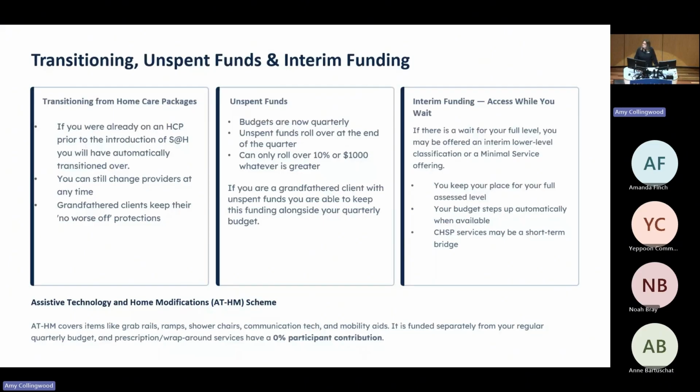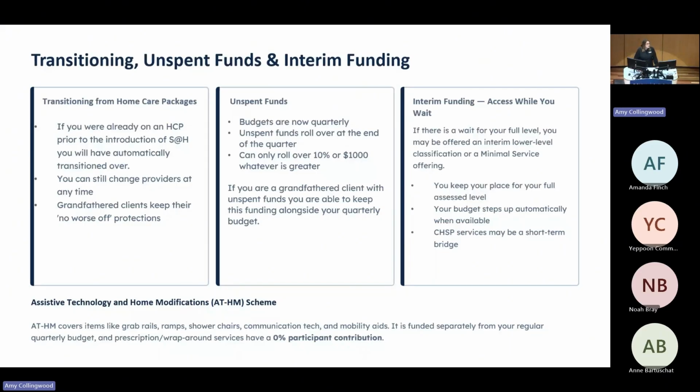And quite often when you're assessed, you'll also be assessed for this funding at the same time as you're assessed for your services. So it's super important to let them know if you are struggling to get in and out of your back door and you need a grab rail, because this will not be coming out of your standard quarterly budget. It will need to come out of an assistive technology and home modification budget.